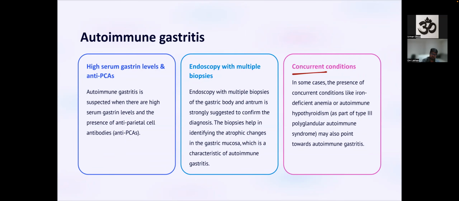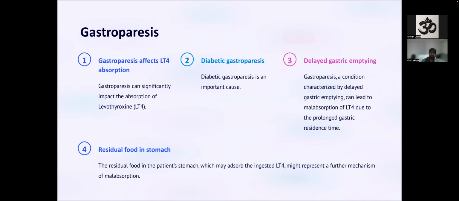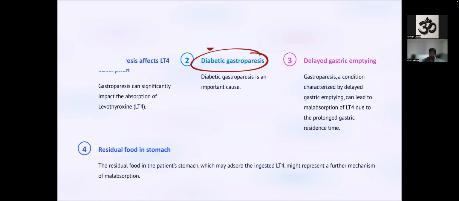We can diagnose autoimmune gastritis by measuring serum gastrin levels and anti-parietal cell antibody, the IgG anti-parietal cell antibody, which you check for in patients with suspected autoimmune gastritis. And gastroparesis can also impact levothyroxine absorption, especially diabetic gastroparesis. So if you have a patient with diabetes and hypothyroidism, diabetic gastroparesis can impact levothyroxine absorption.